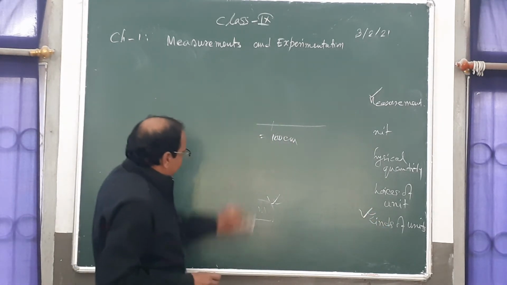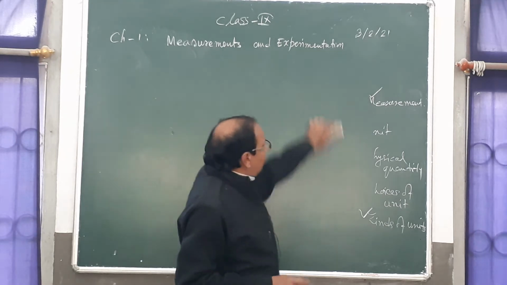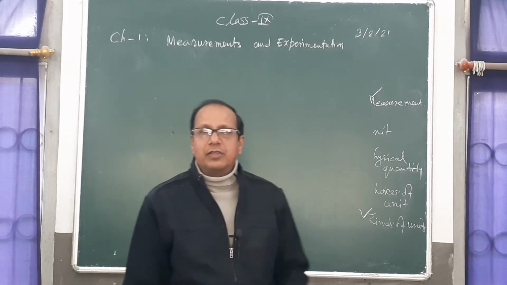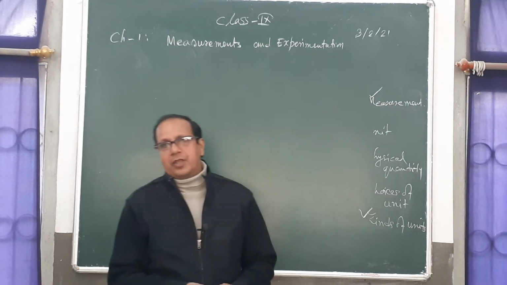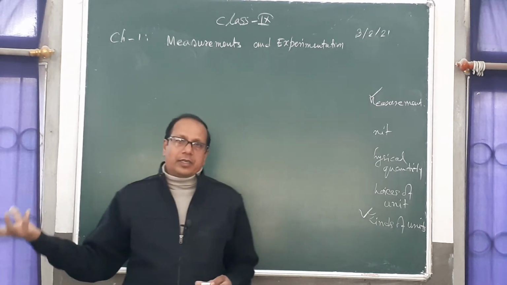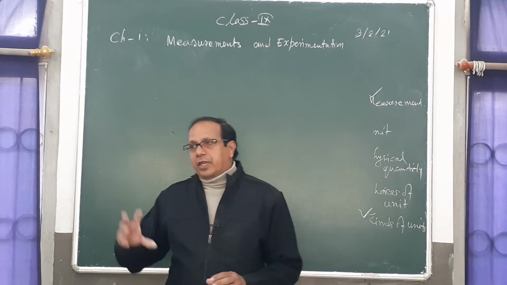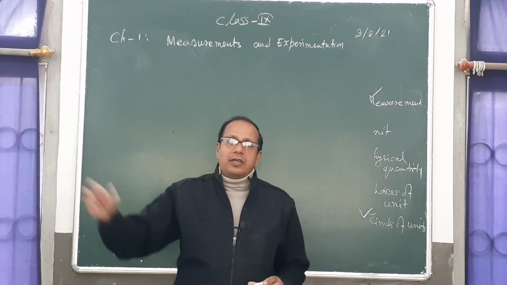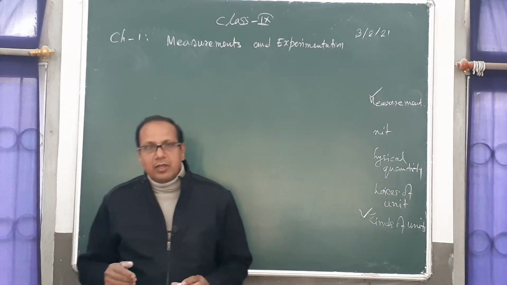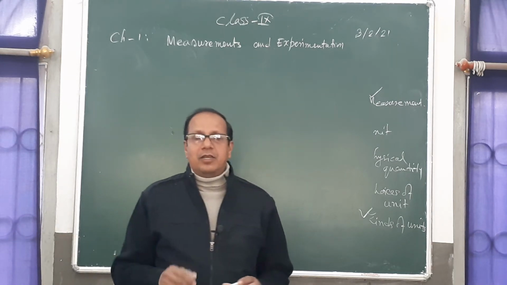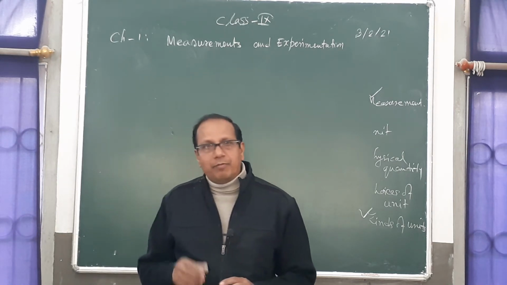Now we will go for the kinds of units. When we measure physical quantities, we have seen so many units. Length of the room in meter, mass of a body in kg, duration in second, velocity or speed in meter per second, density in kg per meter cube.